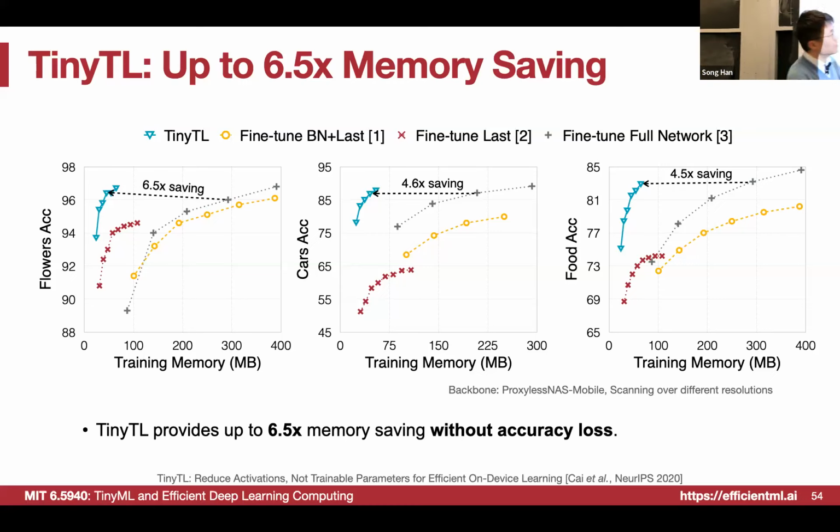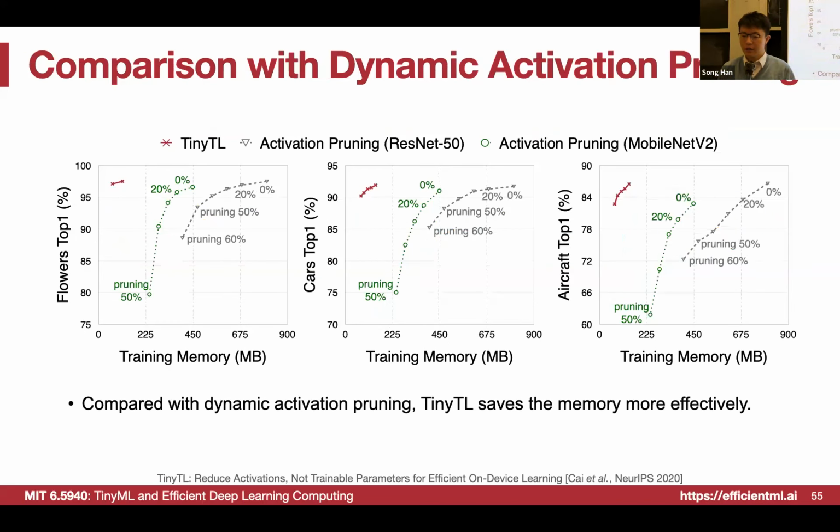Compared with fine-tuning the full network, this is the memory versus accuracy trade-off. We can save about 4.5x the memory across different benchmarks.